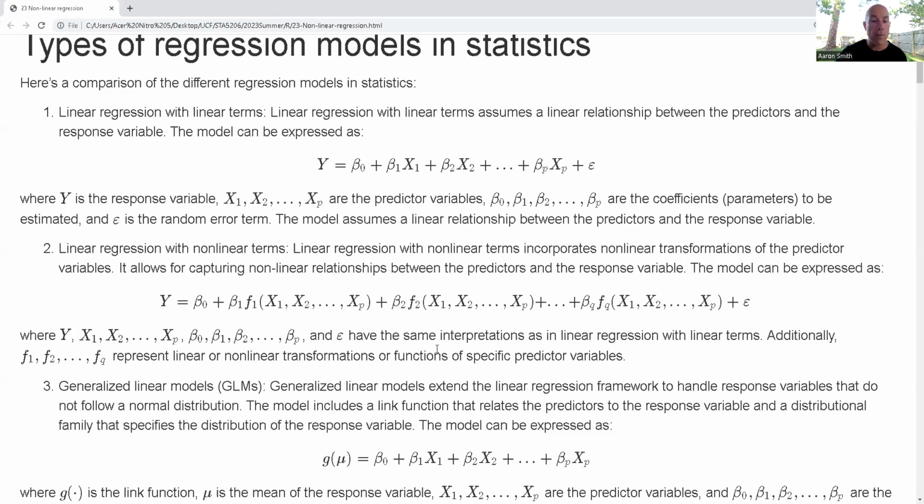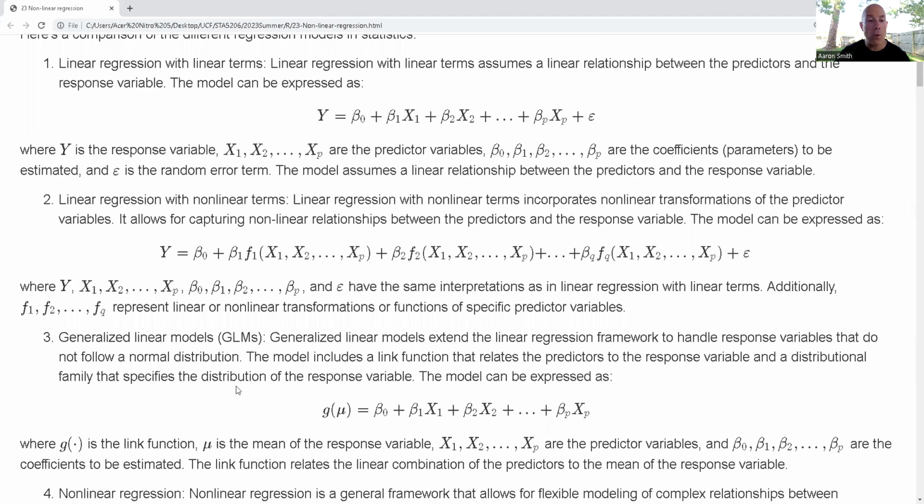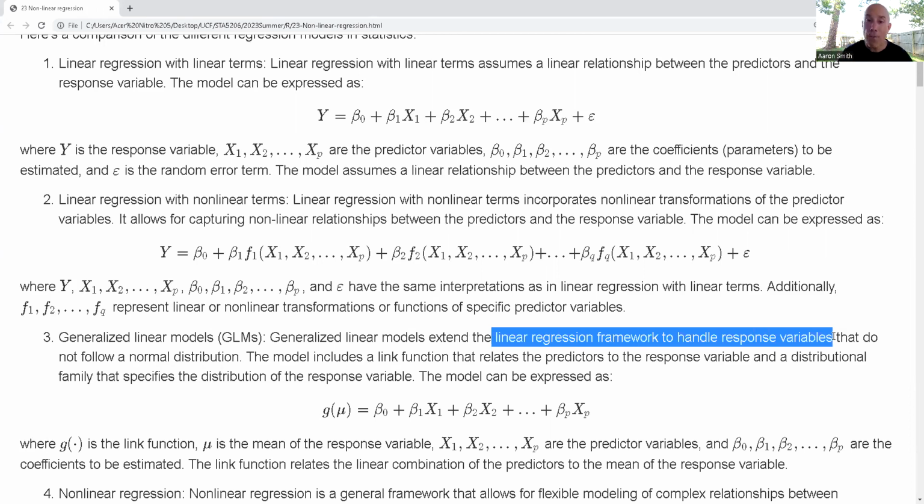Now, generalized linear models. What we're going to do here is extend the linear regression framework to handle a response variable that does not follow the normal distribution. Remember, for regular linear regression, we almost always make the assumption that our residuals are normally distributed, mean zero, constant variance.